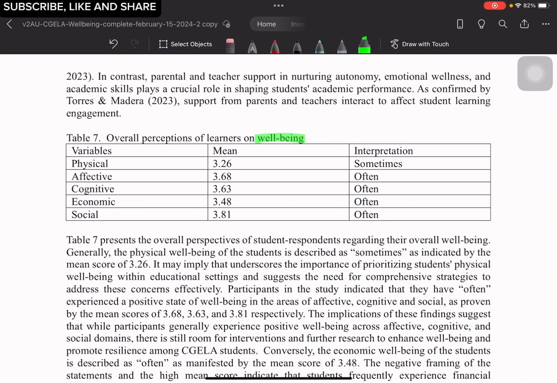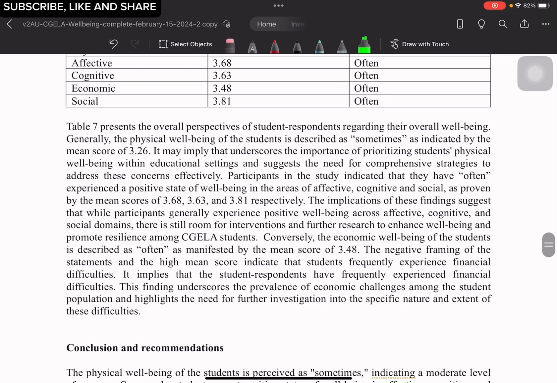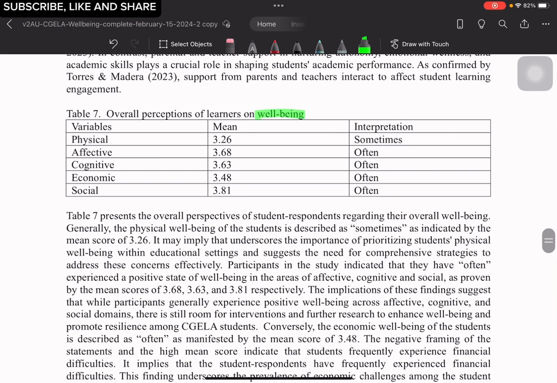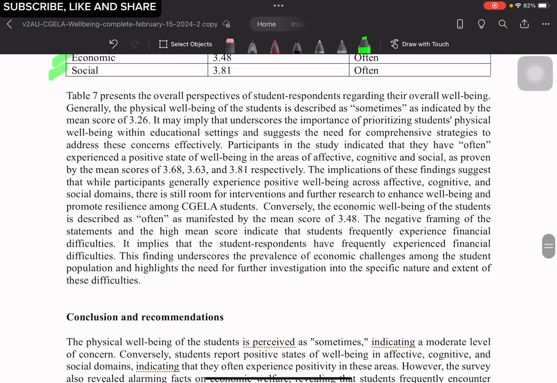Immediately after the table is a summary of all of the domains, which are the variables: physical, affective, cognitive, economic, and social. So we have 5 domains. Again, the lower part will be the interpretation of the table that was presented, which is table 7.